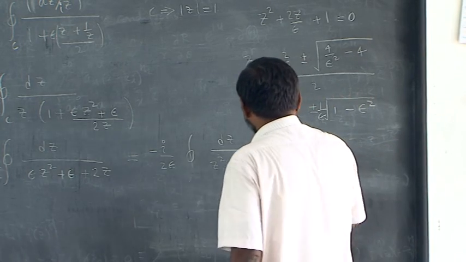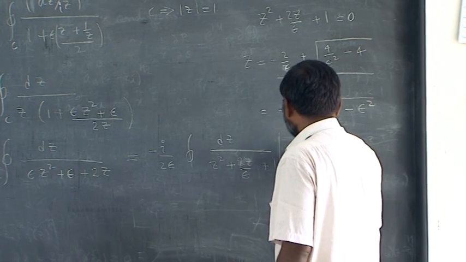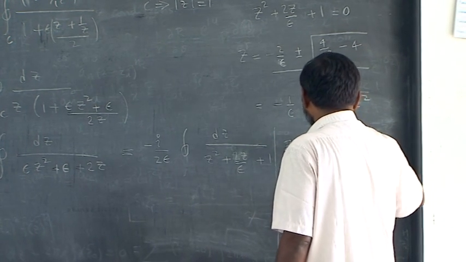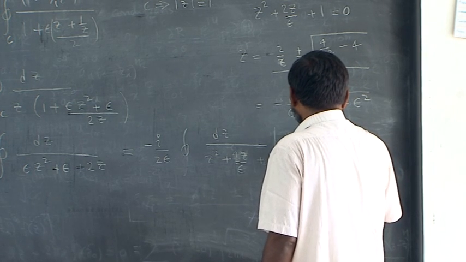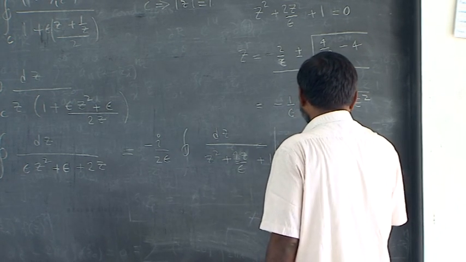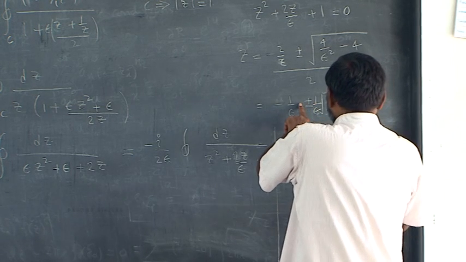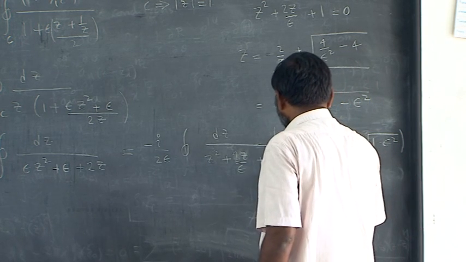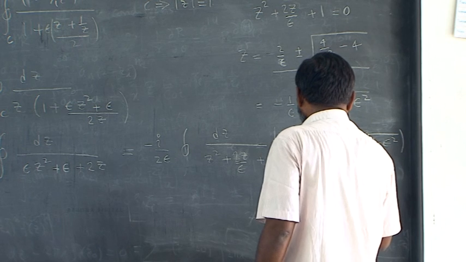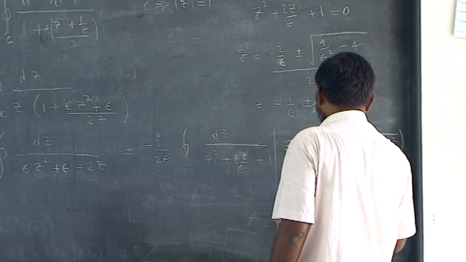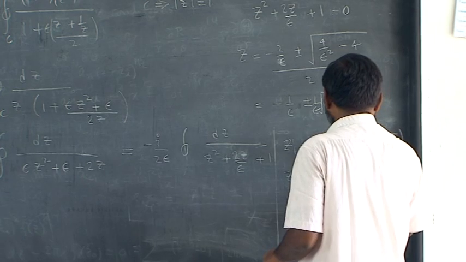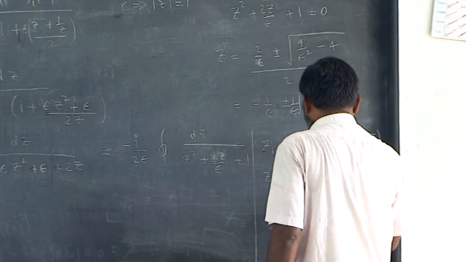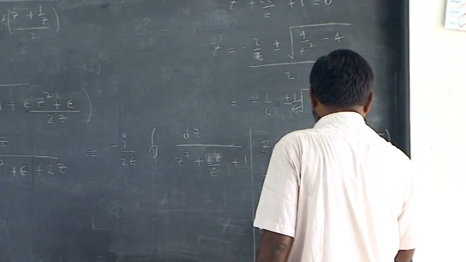So I will have 2 poles: z1 equal to minus 1 by epsilon into (1 minus the square root of 1 minus epsilon square), and z2 equal to minus 1 by epsilon into (1 plus the square root of 1 minus epsilon square).